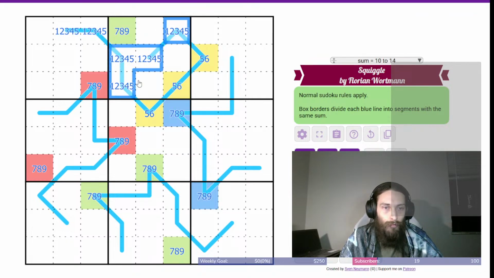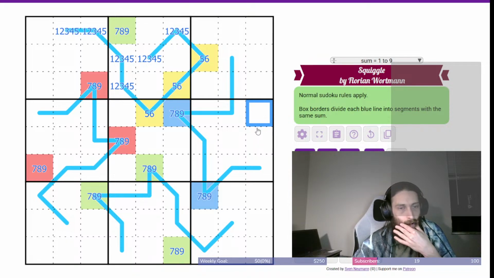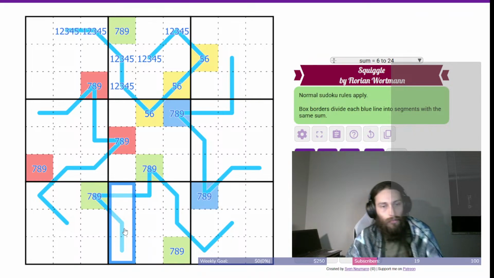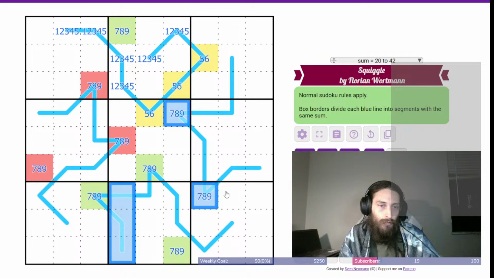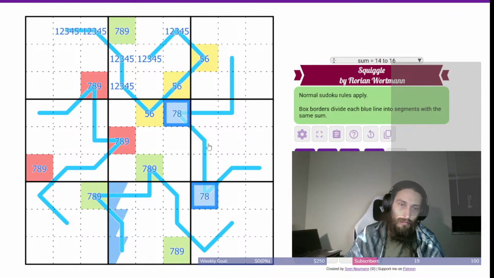One, well, 2, 3, 4, 5, in column 4, the blue version of 7, 8, 9. So blue cannot be 9. And green cannot be 7.